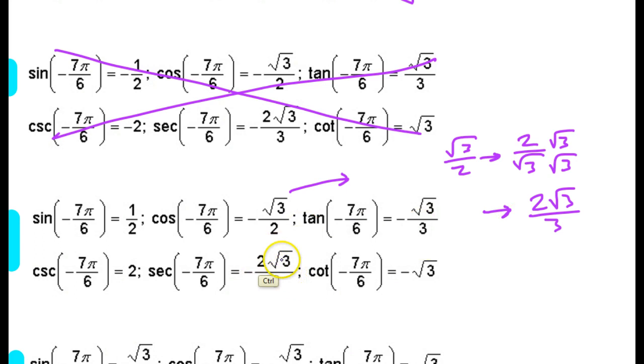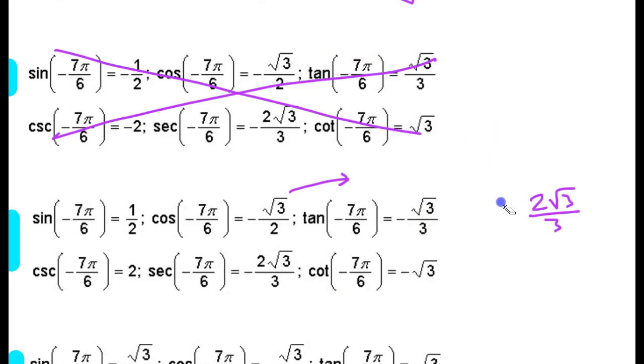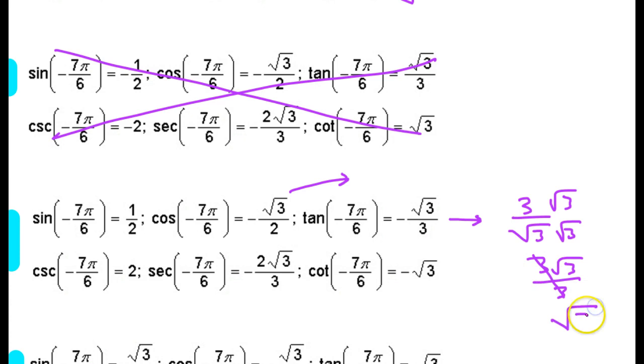And that's what they have here, and they're doing the same thing here. Just checking the reciprocal aspect of it. The reciprocal of radical 3 over 3 would be 3 over radical 3. Then if I multiplied both of these by radical 3, that would give me 3 radical 3 over 3. But then these would cancel each other out, which would just give me radical 3. That's why the reciprocal of radical 3 over 3 is radical 3. So these are reciprocals of each other. So this is the answer.